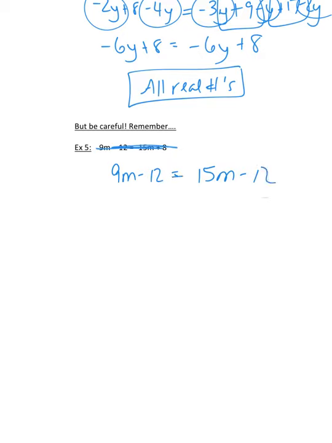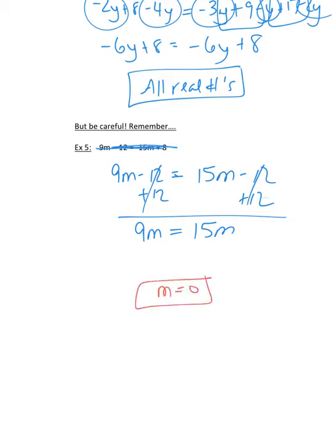Okay? And you try to isolate m, what you'll notice is that if you add 12 to both sides, this is what we did yesterday, 9m equals 15m. And this is a place that kids oftentimes get stuck. We talked about that this means that m equals 0, which is a number. It's not no solution. It's not all real numbers. It's m equals 0.